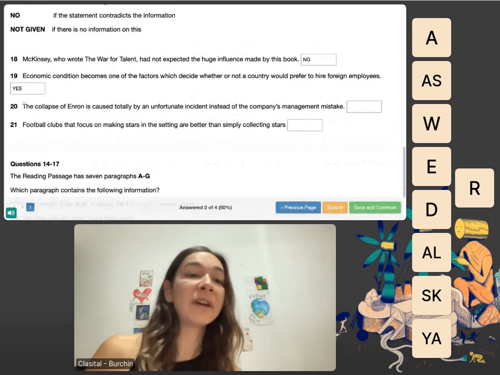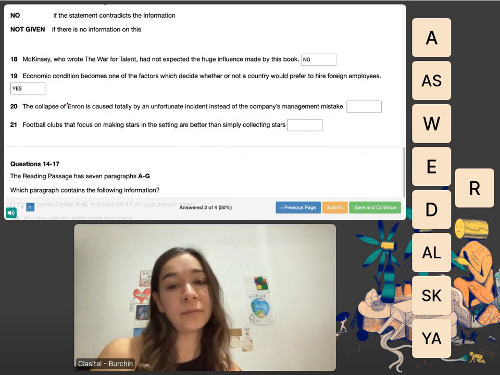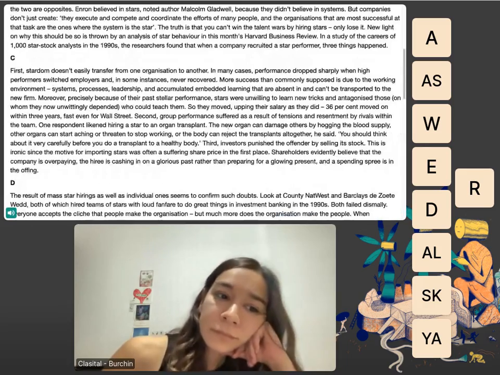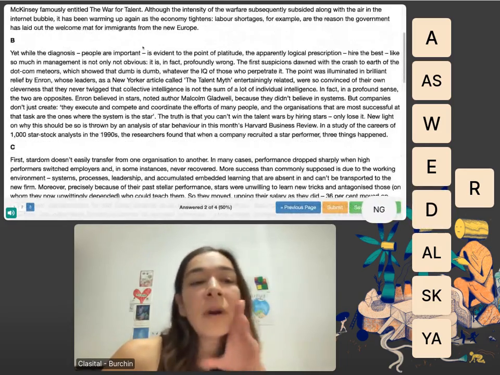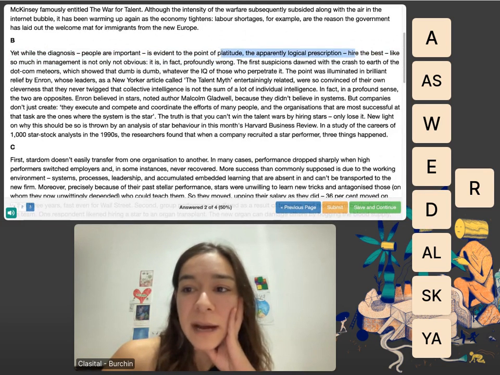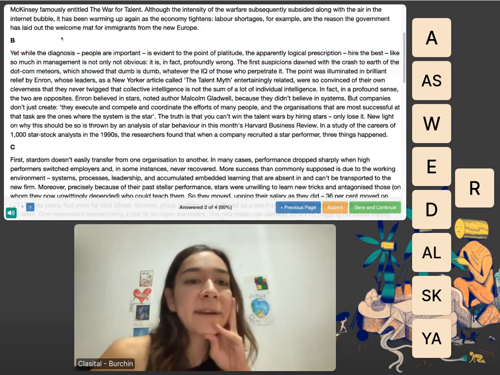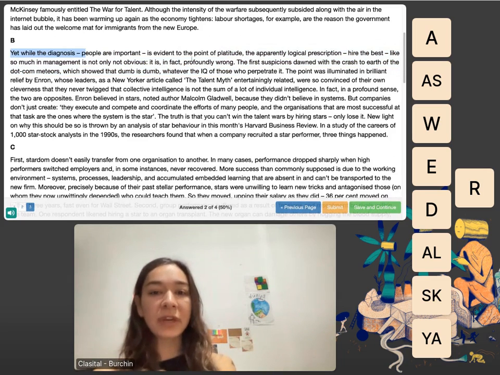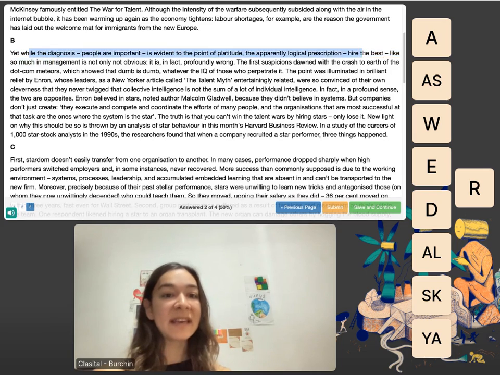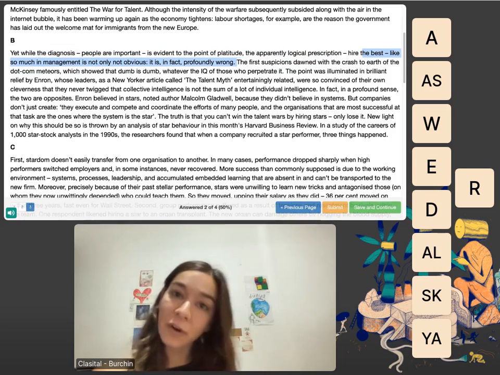The collapse of Enron. Now I will look at my keywords and I will look at the collapse of Enron. Okay. People are important, platitude, logical, hire the best. In fact, the diagnosis that people are important is evident to the point of platitude, and the apparent logical prescription, hire the best, like so much in management, is not only not obvious, it is in fact profoundly wrong.